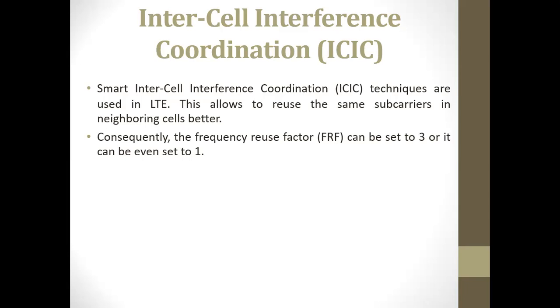However, it's more common that you use frequency reuse of three. It can be called either 1/3 or three; both are conventions. So you split the available bandwidth. If you have 15 megahertz, you split it into three parts. Each cell will get 5 megahertz.